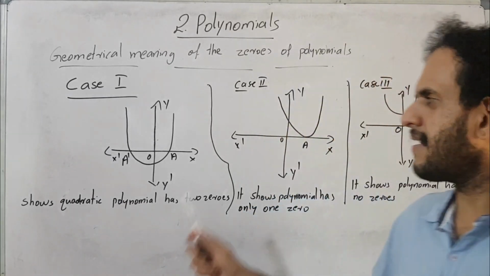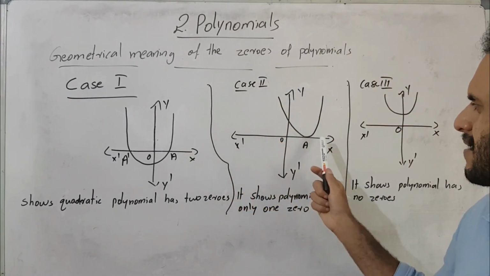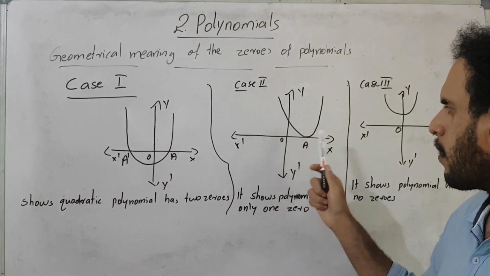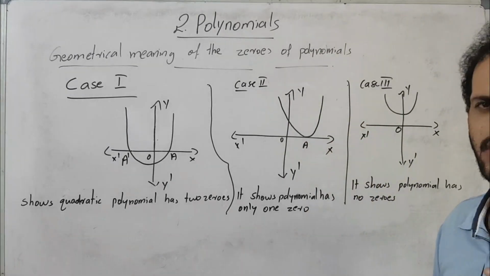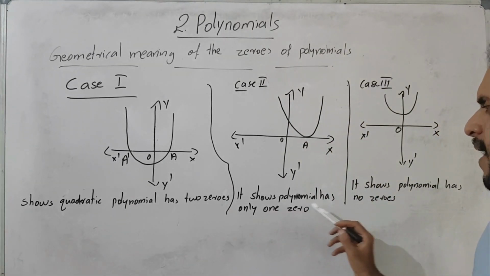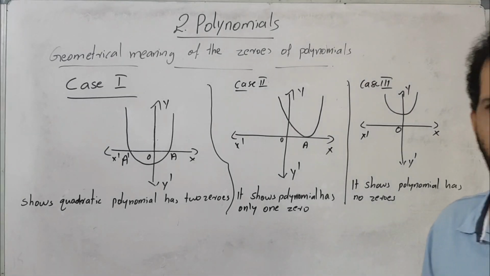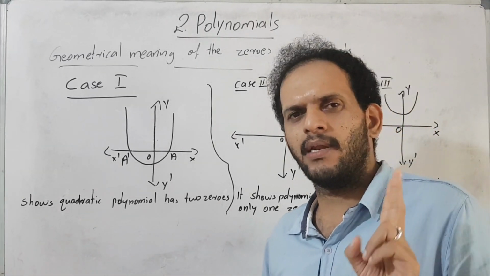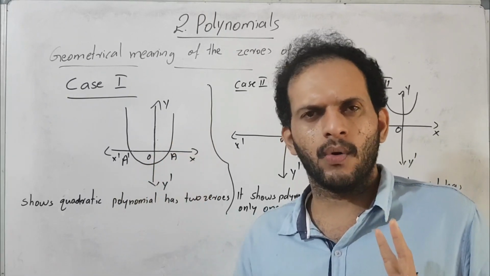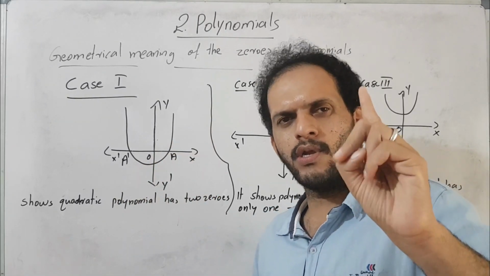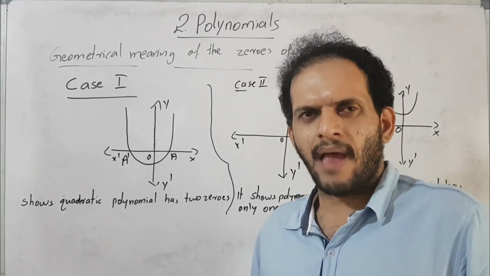Okay, then the second case: the graph intersects the x-axis at only 1 point. What does this show? It shows the polynomial has only 1 zero. The quadratic polynomial has only one zero.